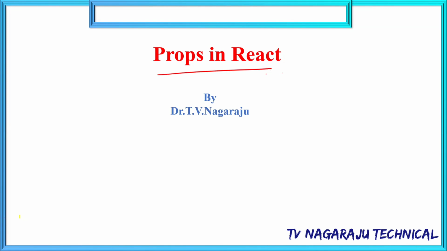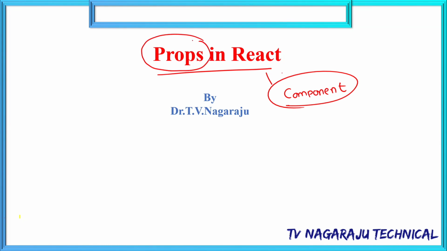So here everyone knows React is a component-based approach. The main purpose of React is to generate reusable user interface components. Now in these components, props plays a crucial role.